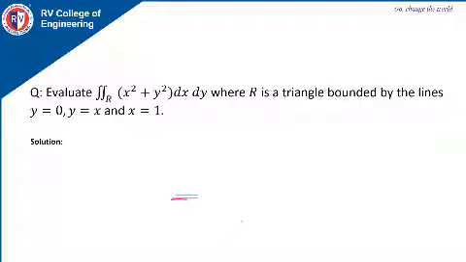Now let us see the region of integration. The region of integration is bounded by the line y equal to x, x equal to 1, and y equal to 0, which is the x-axis.